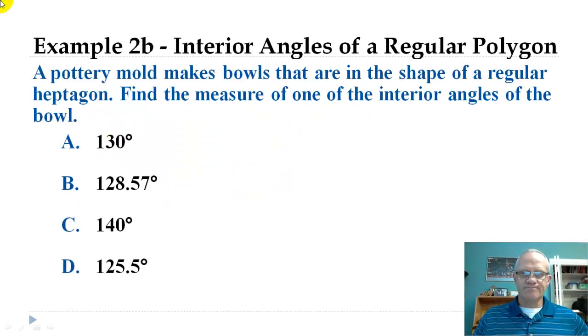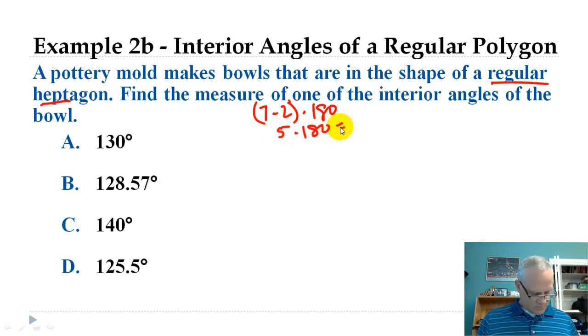How about this one? A pottery mold makes bowls that are in the shape of a regular heptagon. Okay, and again, it's a regular heptagon. So we have to find out how many degrees are in a heptagon. Heptagon is 7. So 7 minus 2 times 180, that's 5 times 180. All right, 5 times 180 is 900.